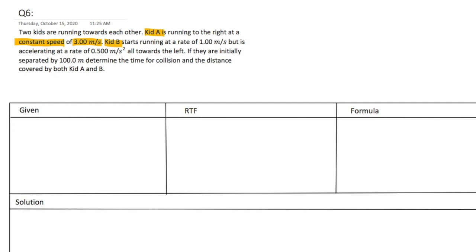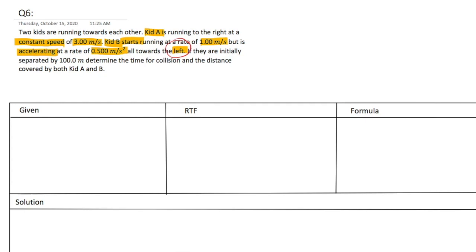Kid B starts running at a rate of 1 meter per second, but is accelerating at a rate of 0.5 meters per second squared, all towards the left. Very important, all towards the left.